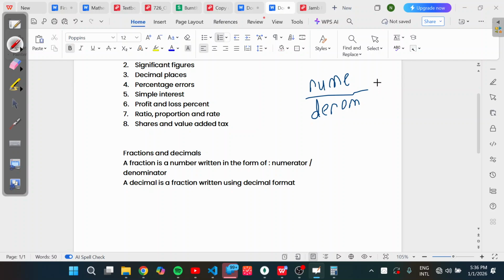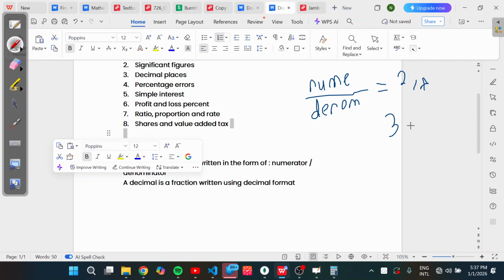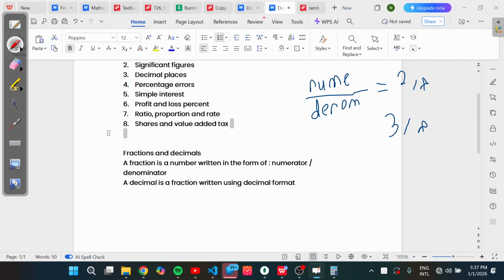So you can have something like 2 over 4, or 3 over 4, or 5 over 4. Basically anything that is numerator over denominator. Usually the numerator is smaller than the denominator, like we see here in 3 being less than 4.